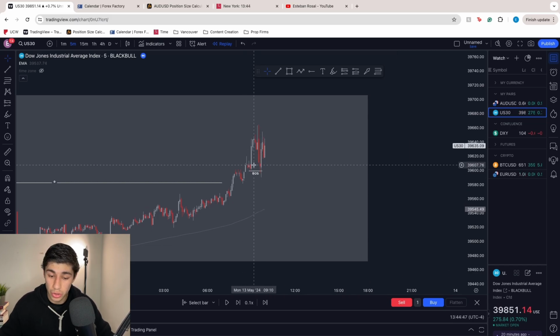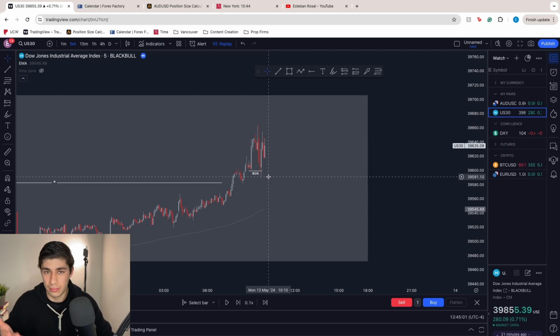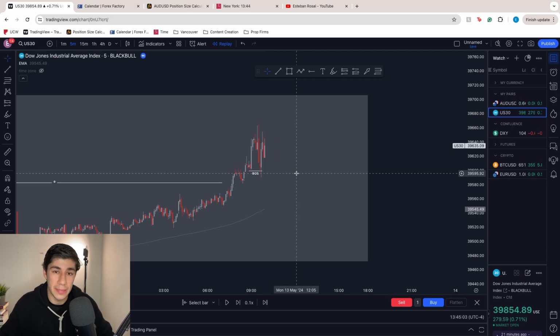So price broke structure. I didn't put a sell limit immediately just because price didn't close below this low here, which, of course, made me a little bit iffy. So I wanted to see how price reacted around this area. I saw that price was literally holding this zone, amazing.